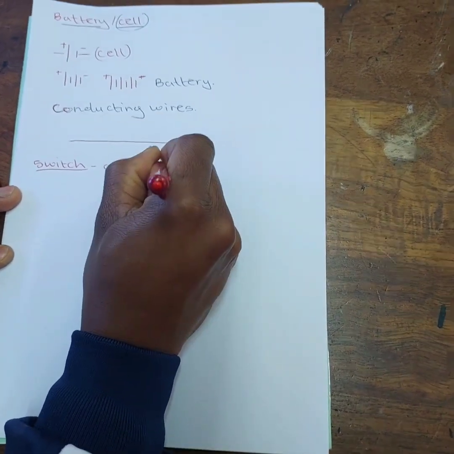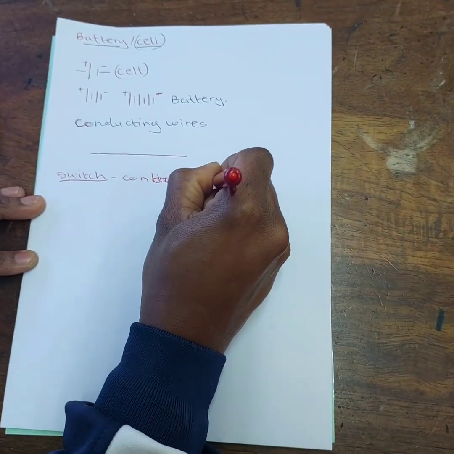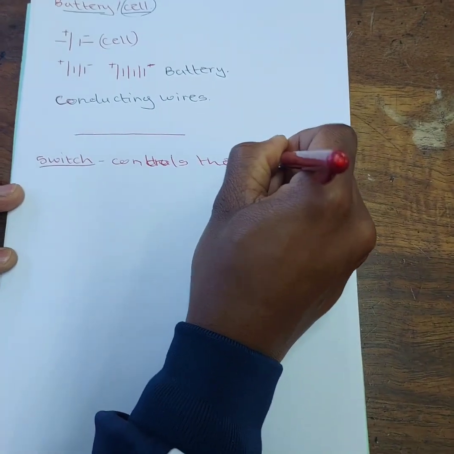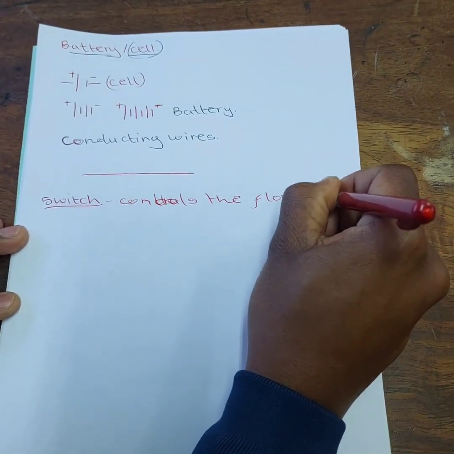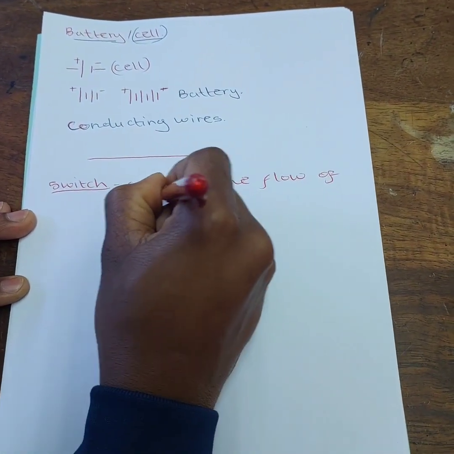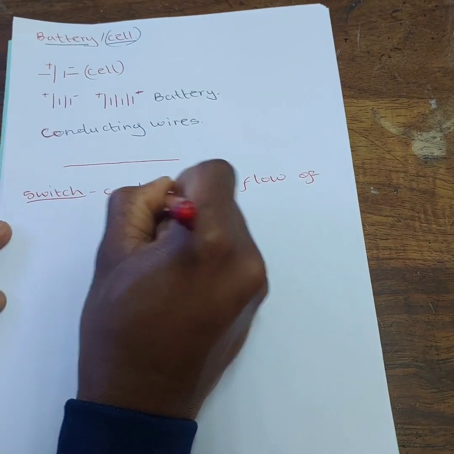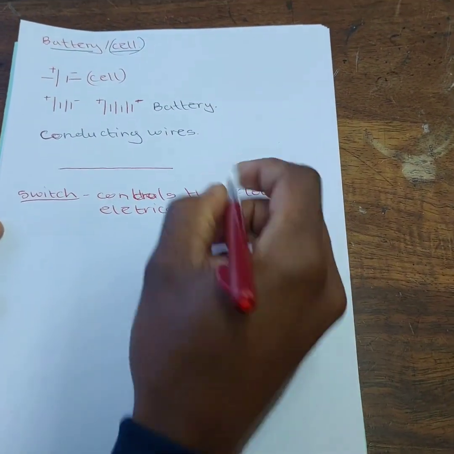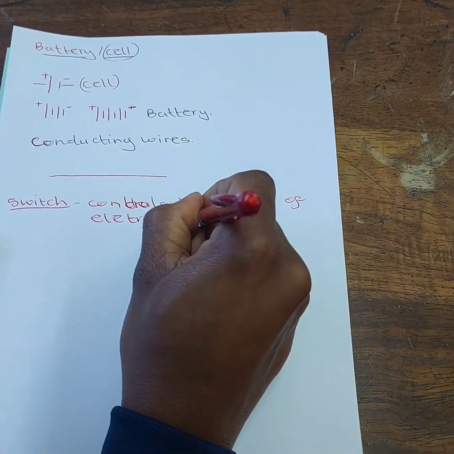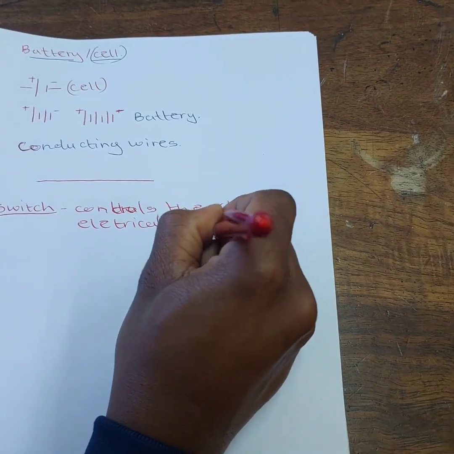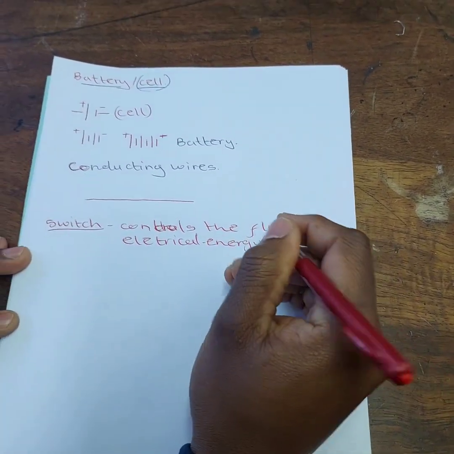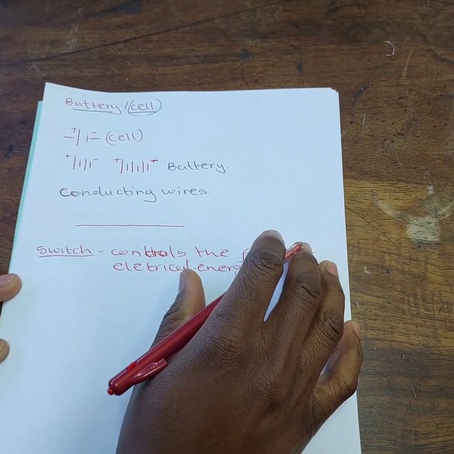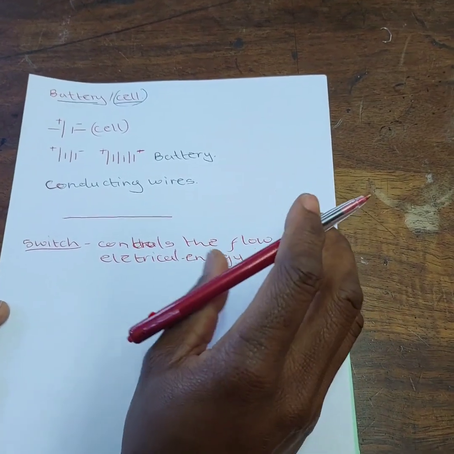It controls the flow of electrical energy. So it is the one that stops and starts the flow of electrical energy around the circuit.